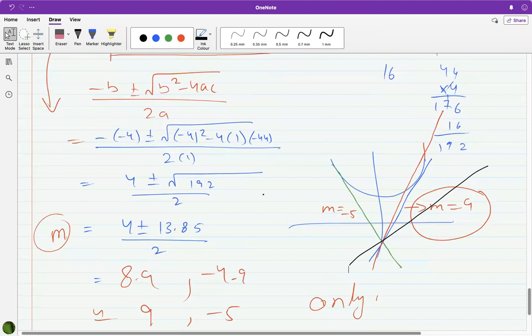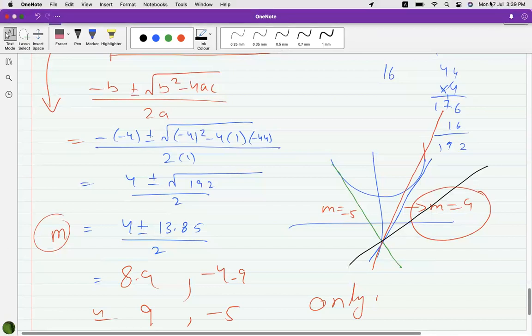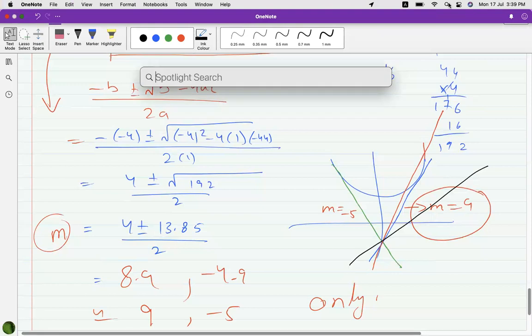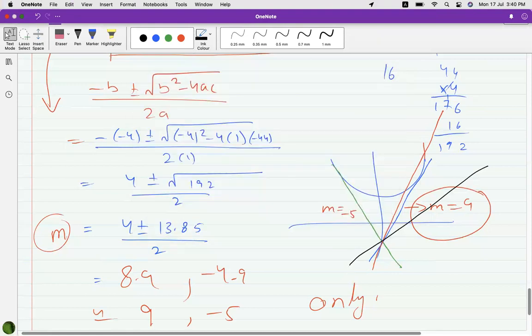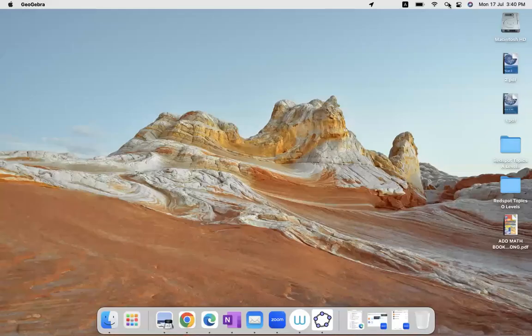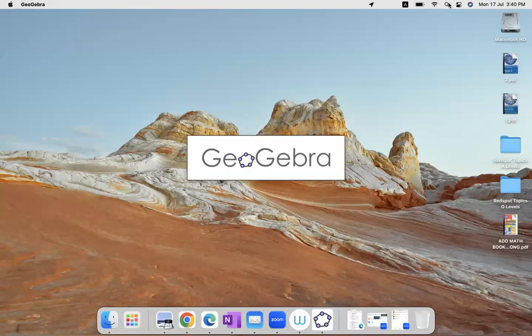More than would mean the line will rise and it will intersect at two different points. I'll also use a software known as GeoGebra. I'll show you these. Visualizing it can also increase the understanding.